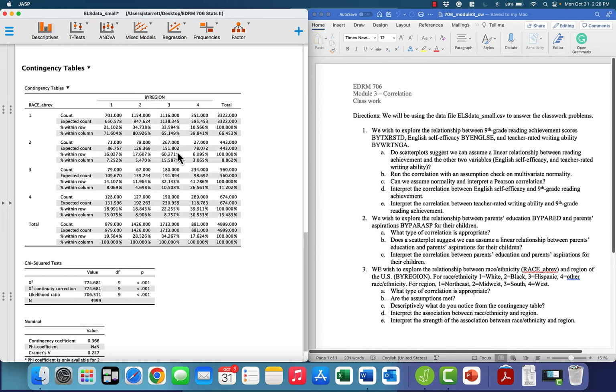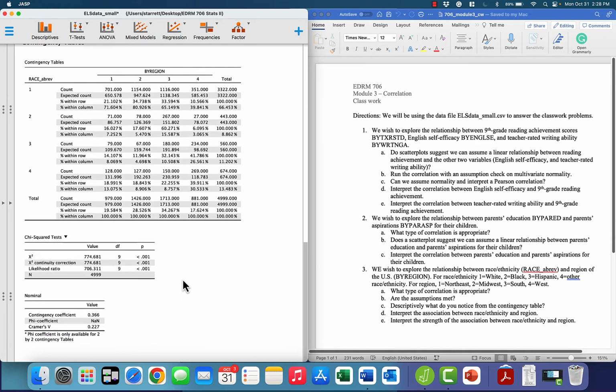We see higher than expected numbers of black people. Slightly lower numbers than expected of Hispanic people. And lastly, we see much lower than expected numbers of other race and ethnicity. So in this data set, that includes Native American, Pacific Islander, Asian, and more than one race. Okay, so that's just descriptively looking at our contingency table.